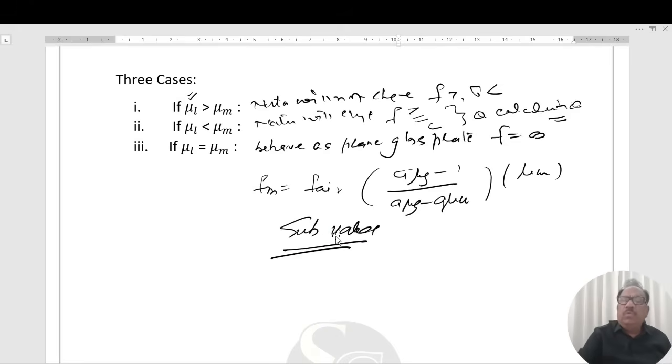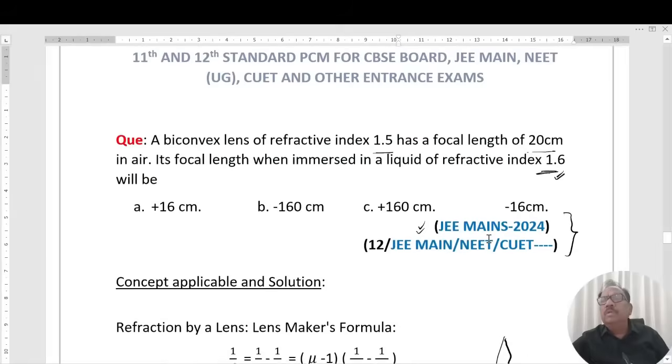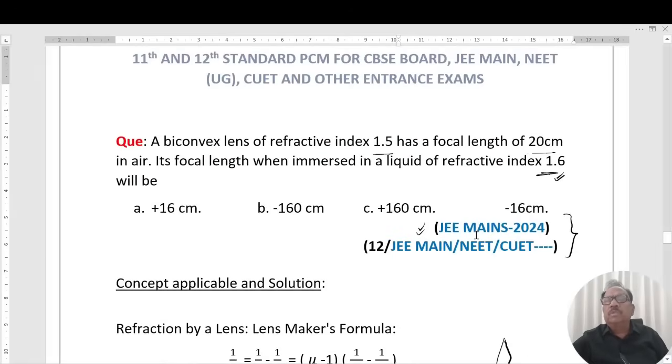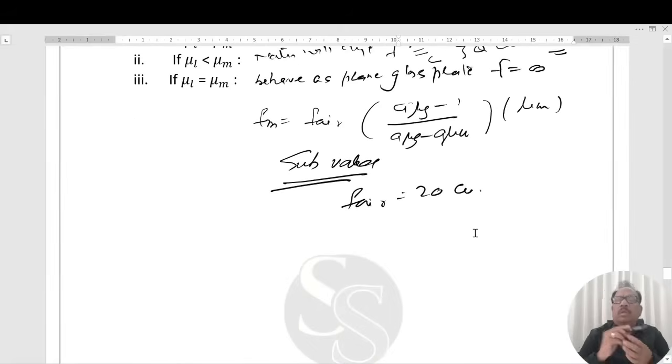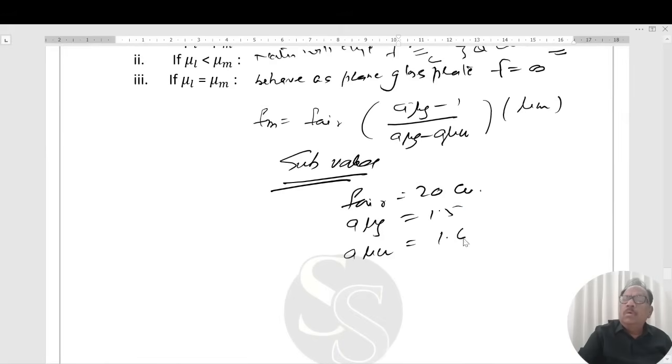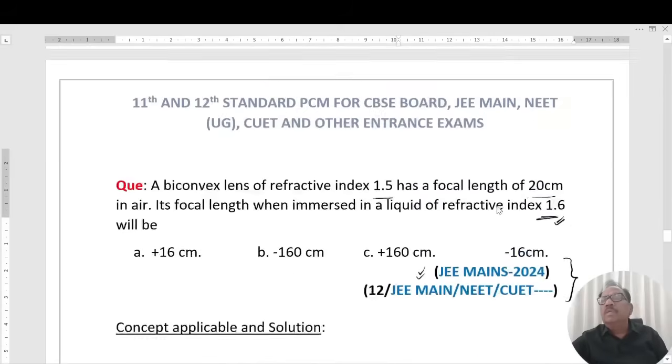F air is given as 20 centimeter, and a mu g is 1.5 and a mu m is 1.6.